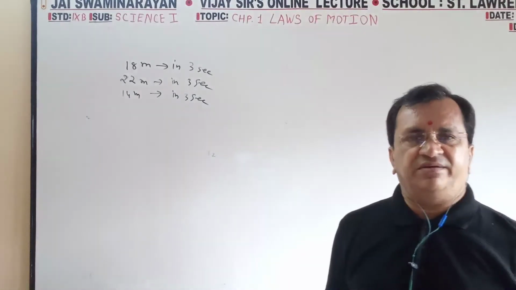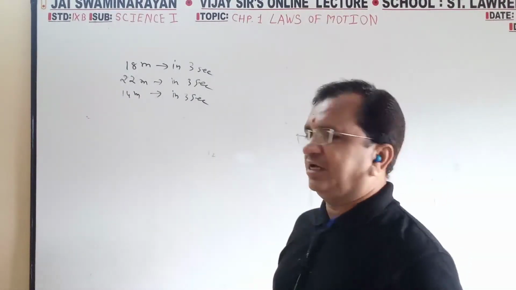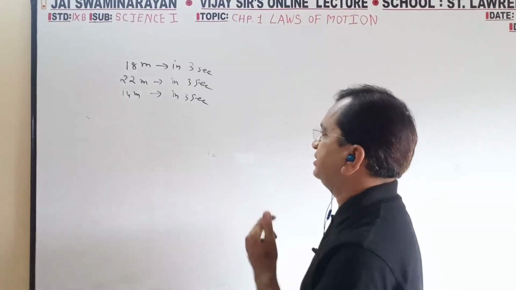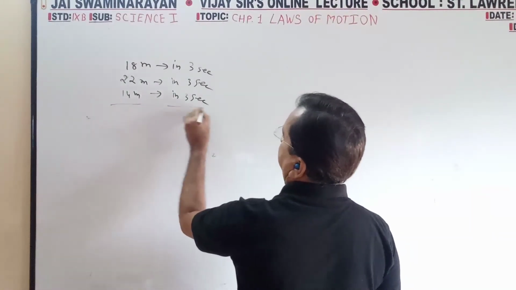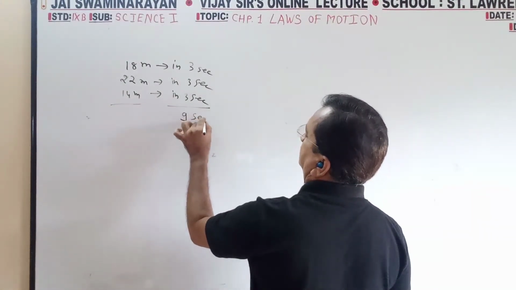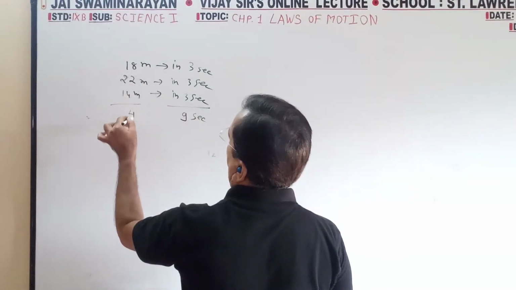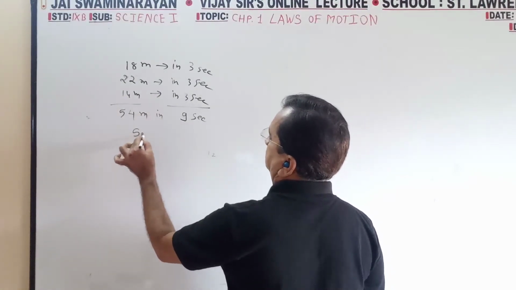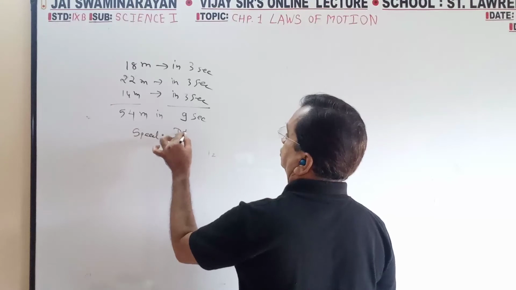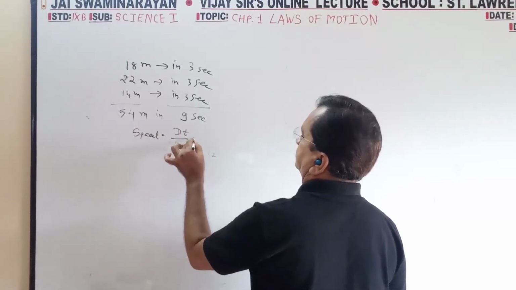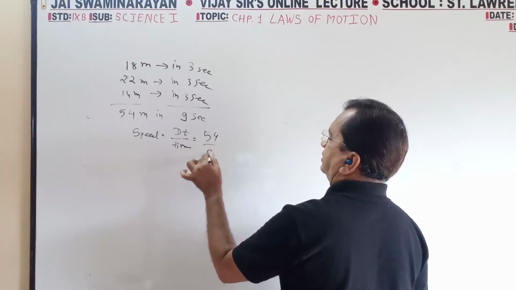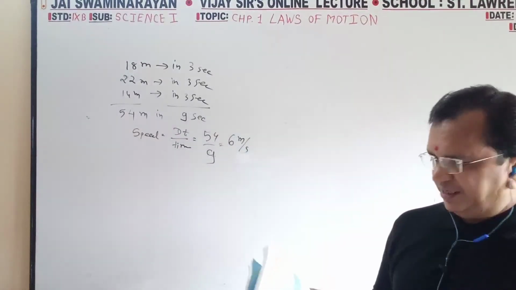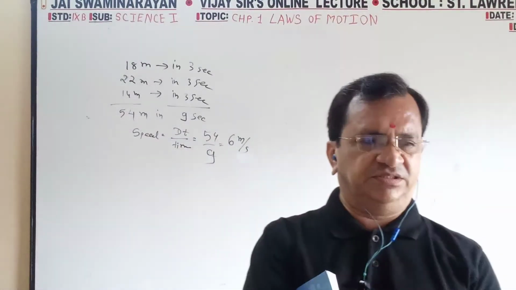What is the average speed? In the first 3 seconds 18, then it increases to 22, then again decreases to 14. Total time is 9 seconds, and total distance is 54 meters. So speed is equal to total distance by total time. So 54 by 9, 6 meters per second. That is the average speed.